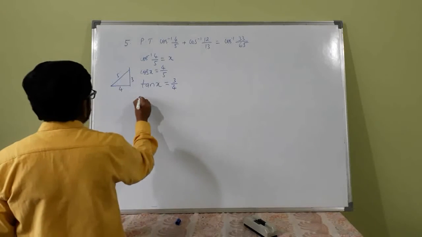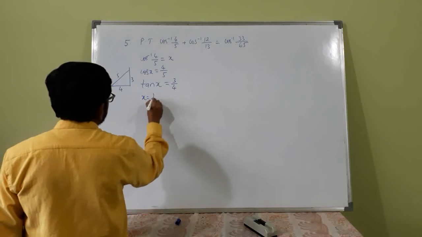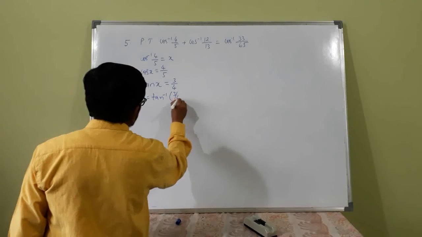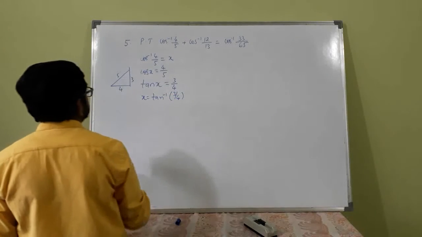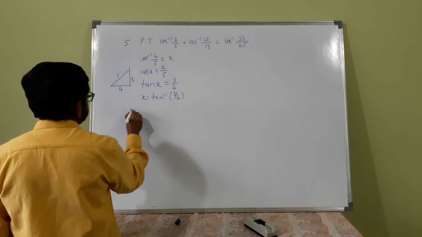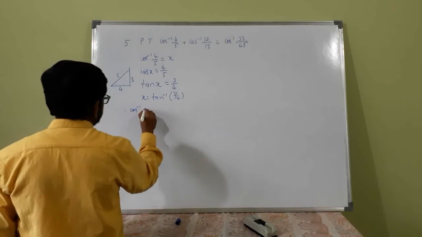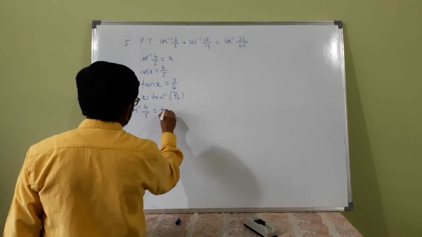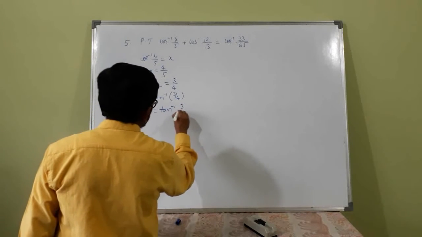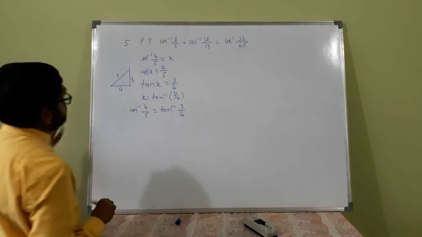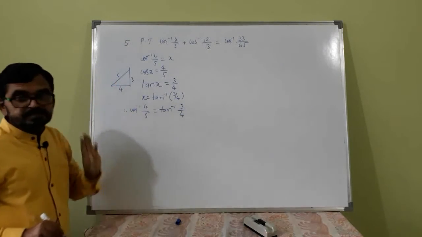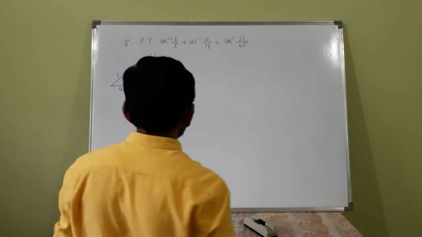Therefore x is equal to tan inverse of 3 by 4. So cos inverse of 4 by 5 is the same as tan inverse of 3 by 4.